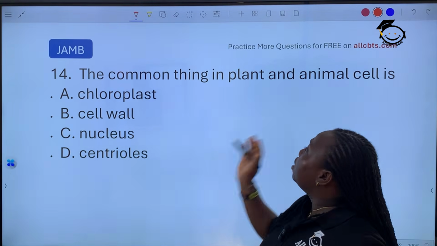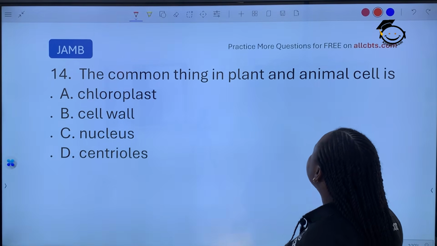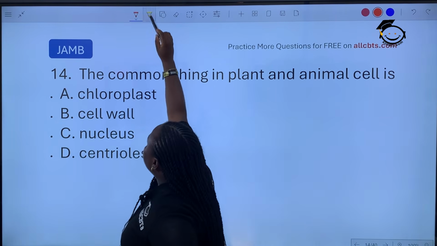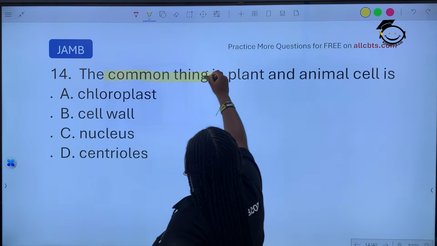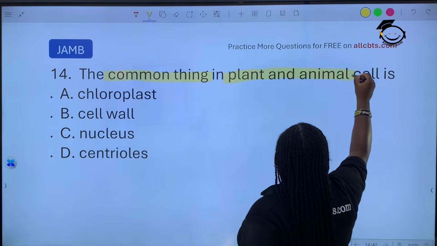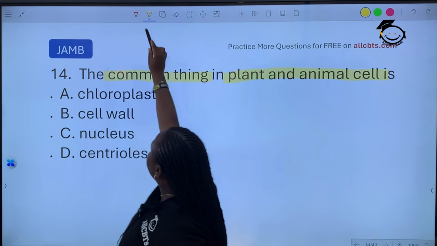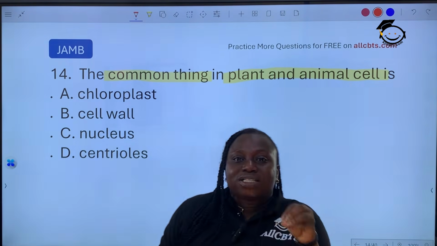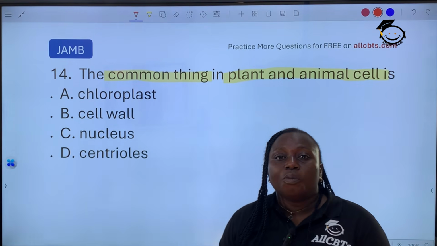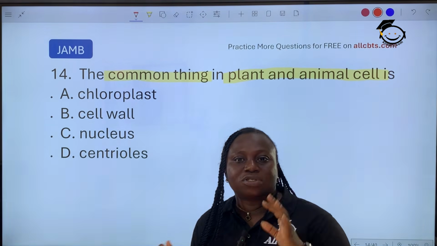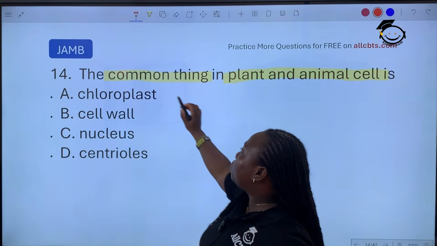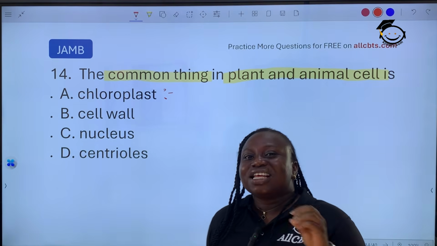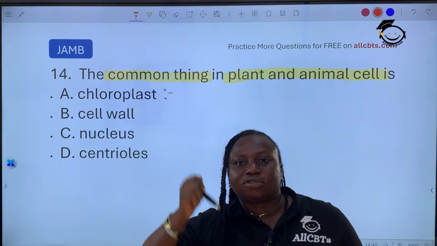Number 14. The common theme in plants and animal cells is what? This question is asking what particular thing we can see in both plant and animal cells. A, chloroplast. Chloroplast is where chlorophyll is found.